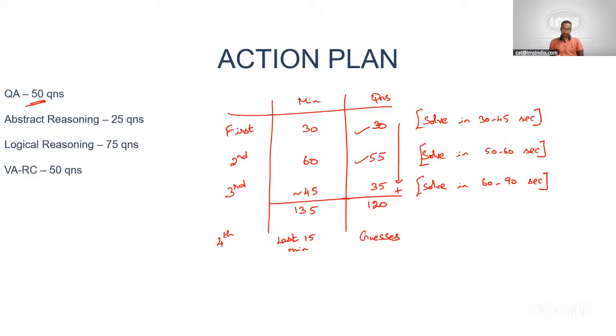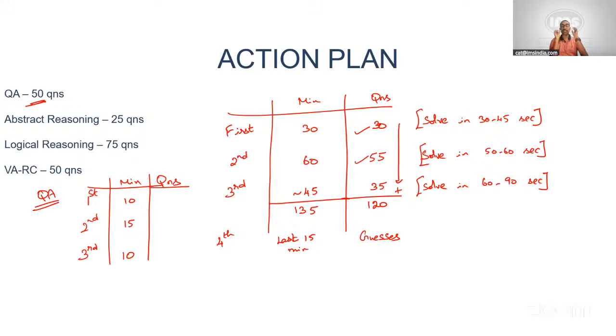In the first phase, for quants alone, I'm going to keep 10 minutes and I will try to answer as many questions as I can. In the second phase, I'm going to give myself 15 minutes for the quants part alone. And in the third phase, I'm going to give myself another 10 minutes.